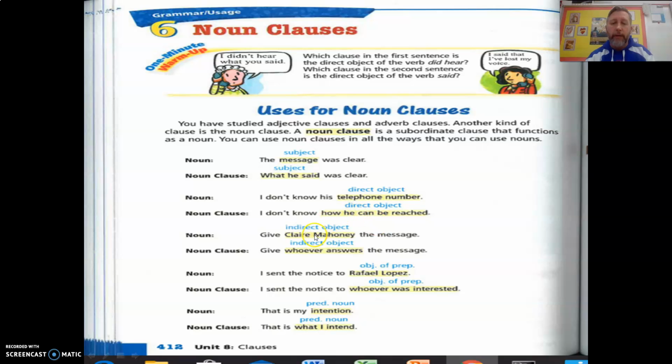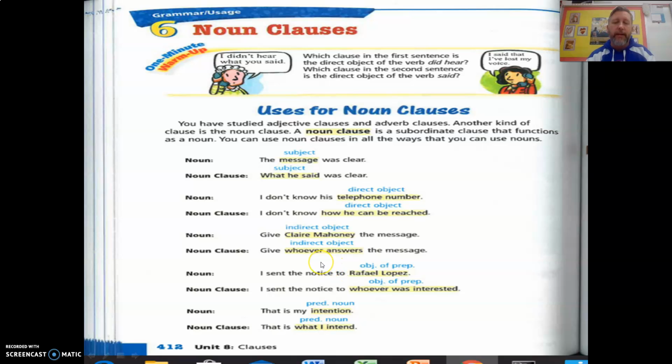To whom? Claire Mahoney, indirect object. So the message would be the direct object, and then the to whom, Claire Mahoney, would be the indirect object. In this particular case, give what? Message, direct object. To whom? Whoever answers. So that's an example of a noun clause, in this case, whoever answers, serving as an indirect object.